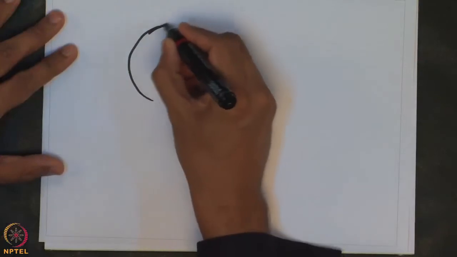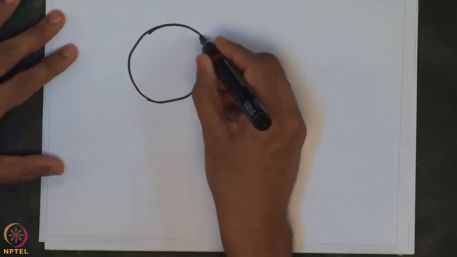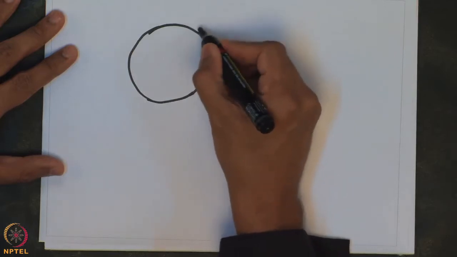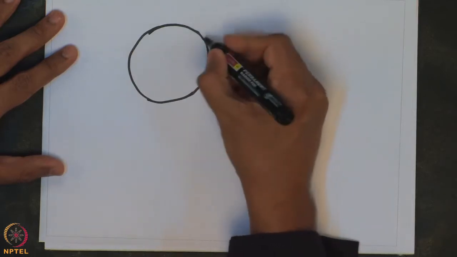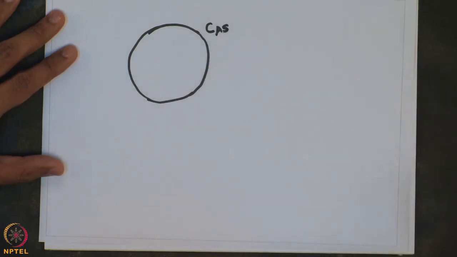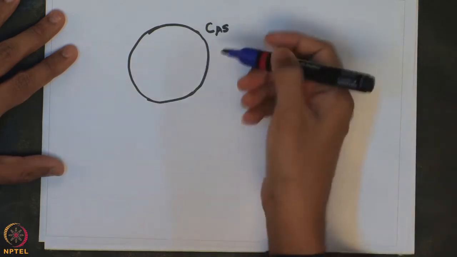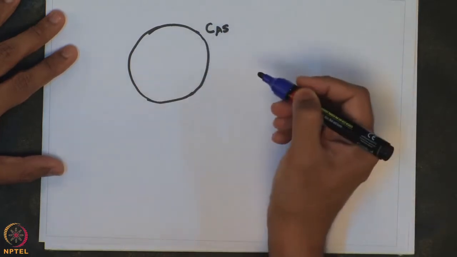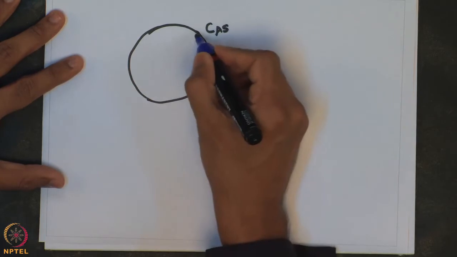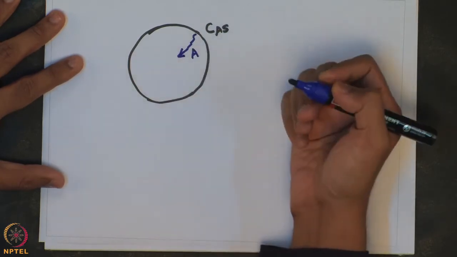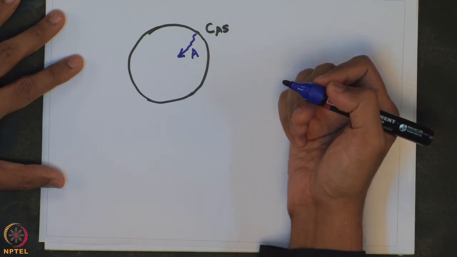So, if I have a catalyst pellet, the species present at the surface, let us say that the concentration of the species is CAS at the surface. We assume that the species is sufficiently available at the surface, and because of internal diffusion, the species actually diffuses through the catalyst pellet.